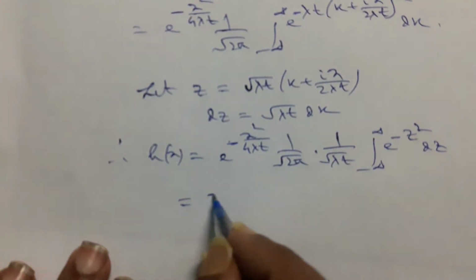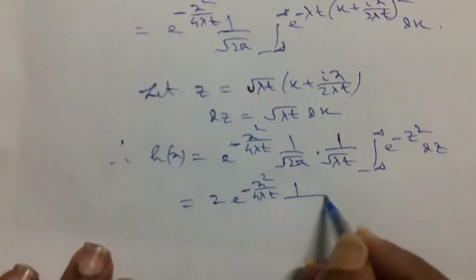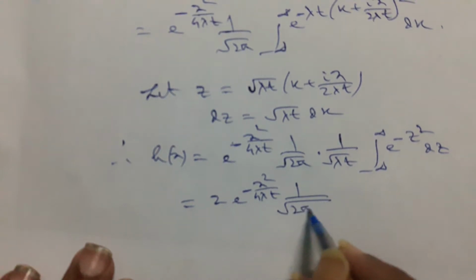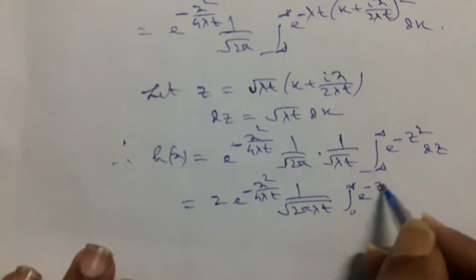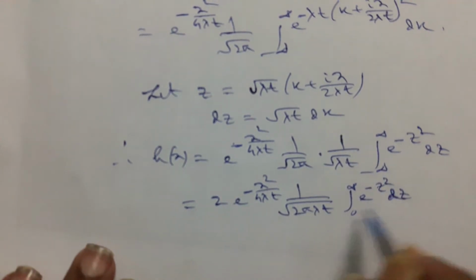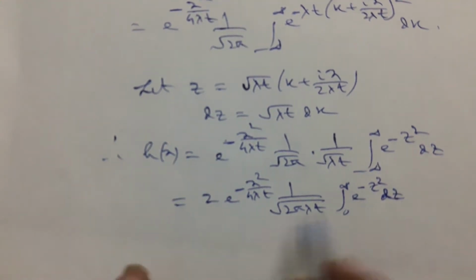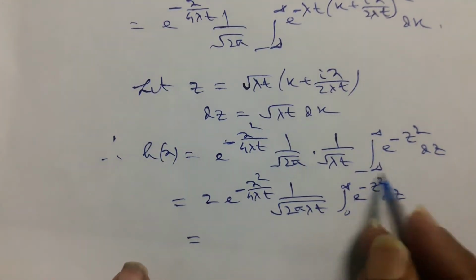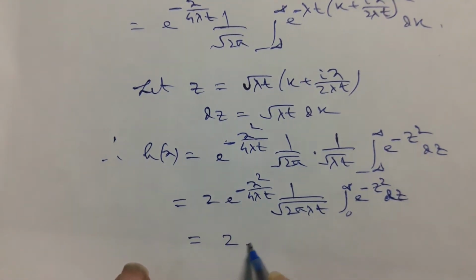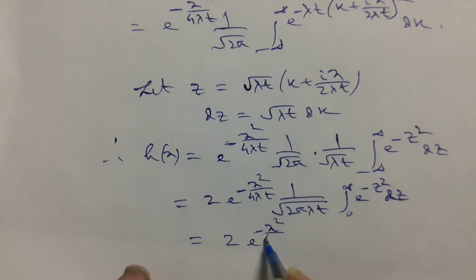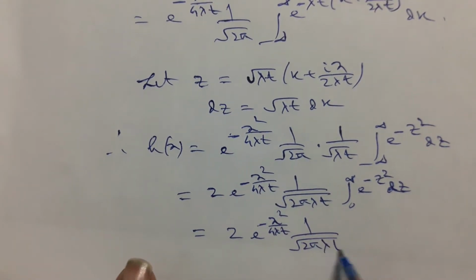This is equal to, since it is an even function, 2 into the integral from 0 to infinity of e to the power minus z square dz, using the even property. Then e to the power minus x square by 4 lambda t, 1 by root over pi into 2 lambda t.